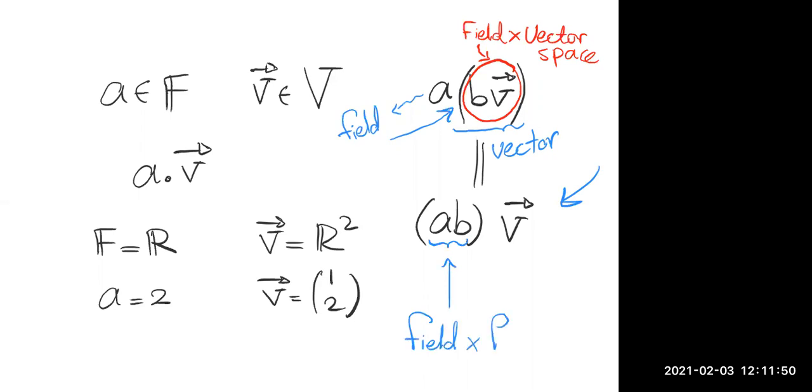I'm multiplying two elements in the field, and then I'm multiplying that by something in the vector space. Again, if you just think about R and R2 and R3 and things like that, these properties are fairly trivial. But in more abstract mathematics, or even sometimes in applications, we would work with fields and vector spaces which are not very trivial.